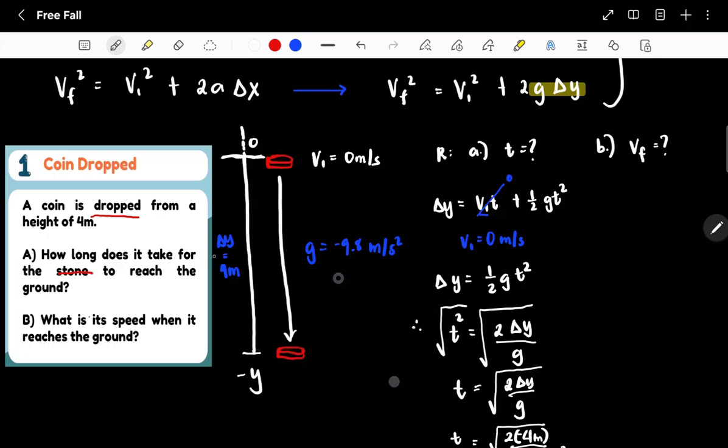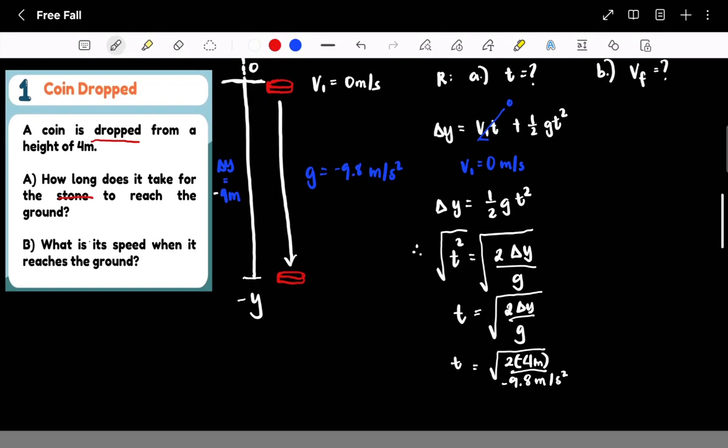So our 4 meters here should be negative. So in terms of direction, the vertical value of the height is along the negative y-axis. Thus, the 4 meters here should be negative. And so if you divide two negative numbers, the negative signs would cancel and the value inside will remain positive.